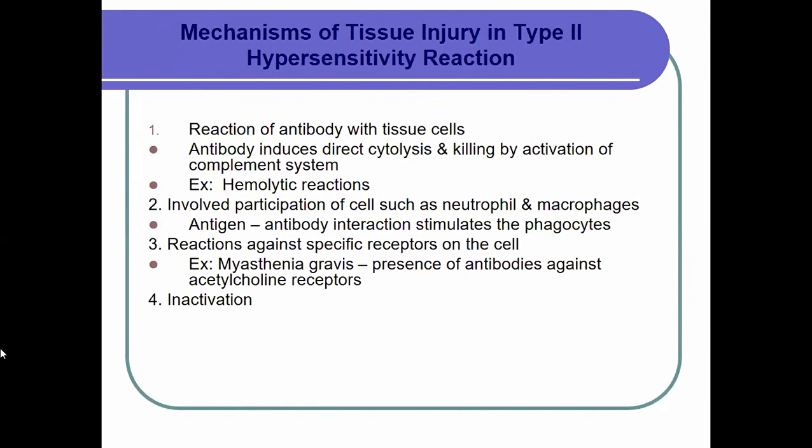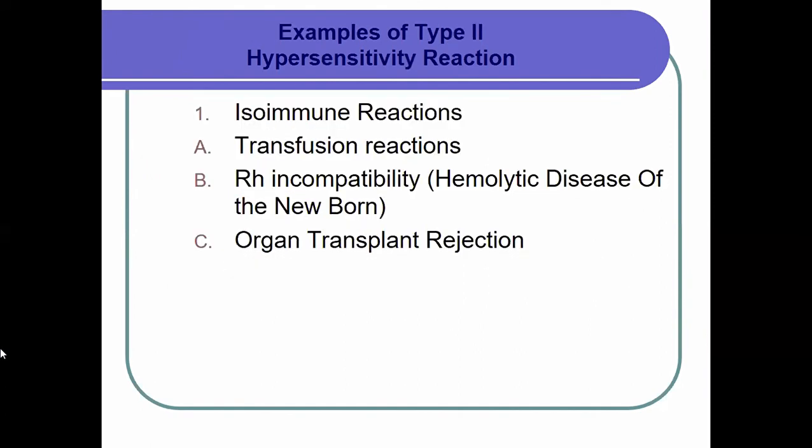And the last one is inactivation. So examples of type 2 hypersensitivity reactions are the isoimmune reactions like transfusion reactions, the Rh incompatibility or the hemolytic disease of the newborn.